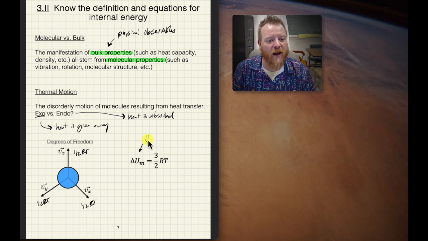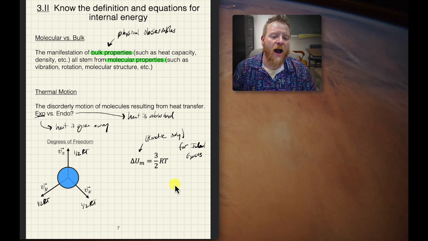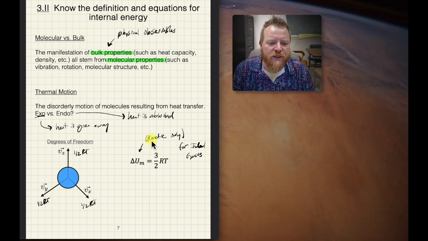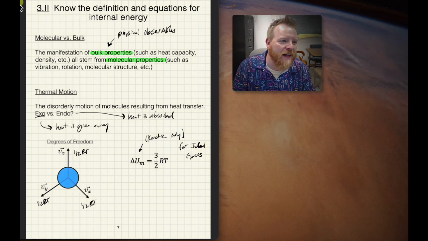So really, I'm going to say kinetic only for ideal gases, okay? So that is to say the ideal gases, we don't consider their potential energy because the potential energy doesn't matter. As it turns out for real gases, or I should say kinetic only for real gases.